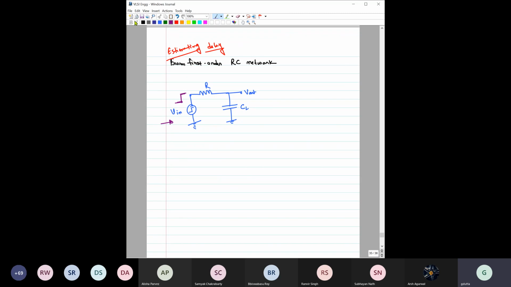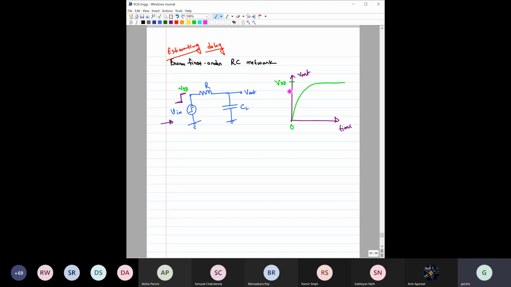So this is a well known, very simple RC network, and you know how the output voltage will vary over time, right? As soon as it is on, the capacitor will start charging, and the voltage across the capacitor will start building, and it will take somewhat this type of shape, where it will be almost constant at VDD after that with respect to time, right?